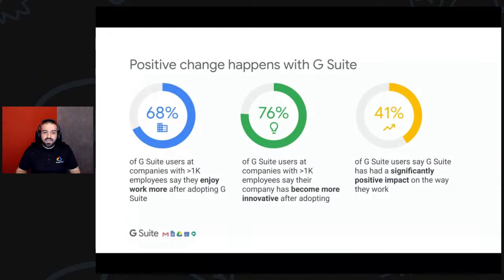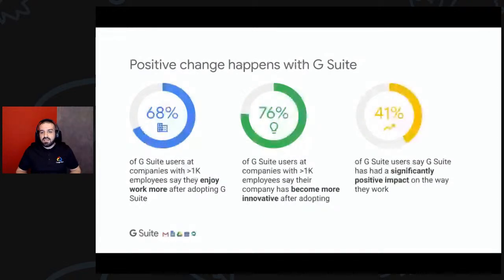The second part where change is positively happening is where 76% of employees as well are becoming more innovative, and they succeed more and they become more productive after adoption and after collaboration. The more you have people collaborating on the same information, the better the output that you'll get out of that.